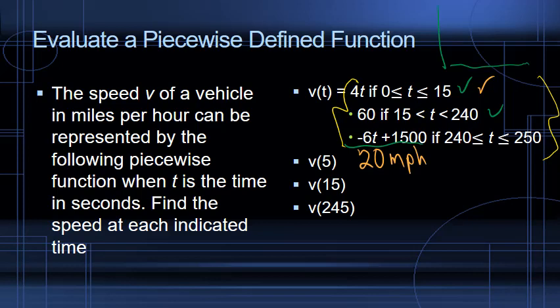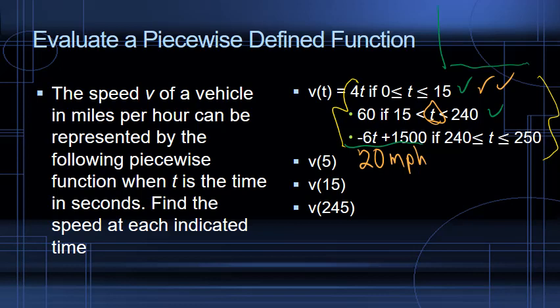All right, our second scenario. What about at 15 seconds? What is our speed? Well, it would actually fit back into this first inequality statement, because we see in this second one here, the time would have to be greater than 15 seconds, but this is exactly 15 seconds, so it falls in this less than or equal to, and that's 4 times 15.